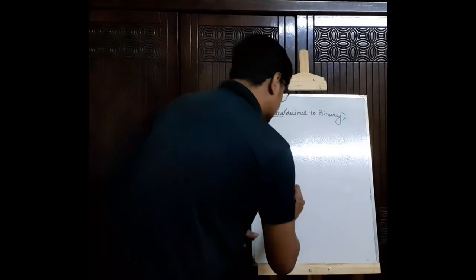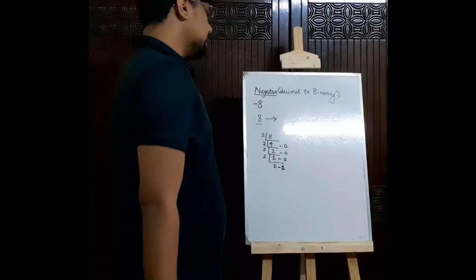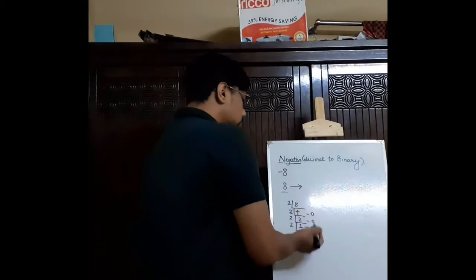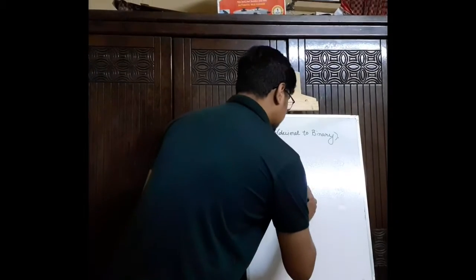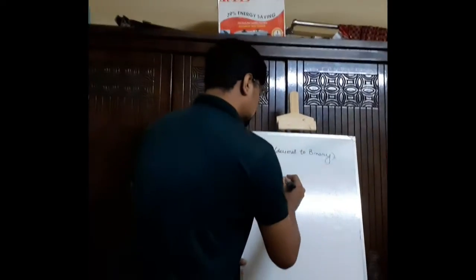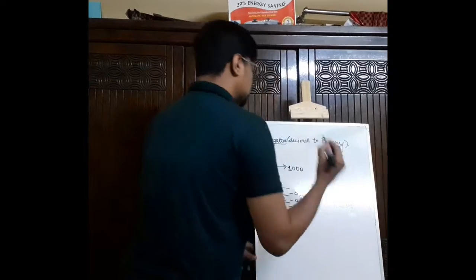We get 0, and in this case the remainder is 1, right? Now to get the final answer, we go from bottom to top in this direction, right? So the answer to this one is 1, 0, 0, 0, or 1000, you can say.